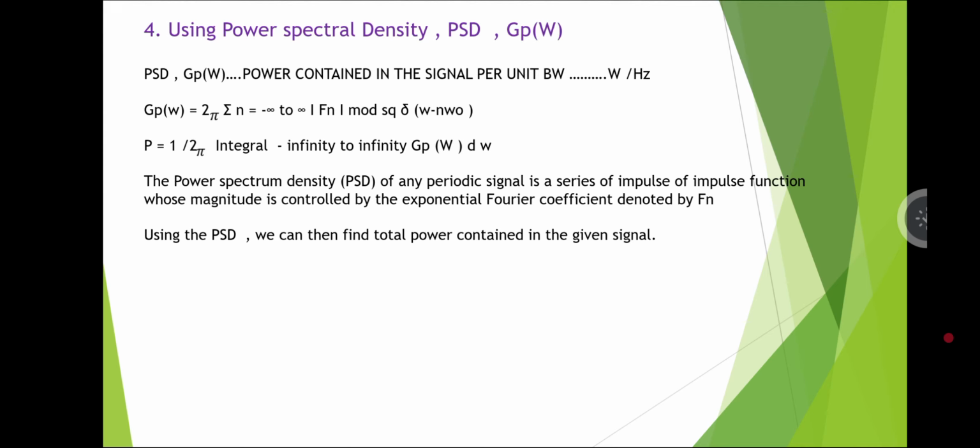The power spectral density PSD of any periodic signal is a series of impulse functions whose magnitude is controlled by the exponential Fourier coefficient denoted by Fn. Using the PSD, we can find the total power contained in the given signal.